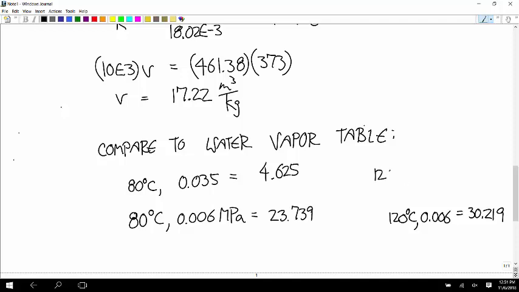And then the last one is 120, and then 0.035, and what's that one? 5.163. Okay, so we're doing an interpolation over a huge range of values.